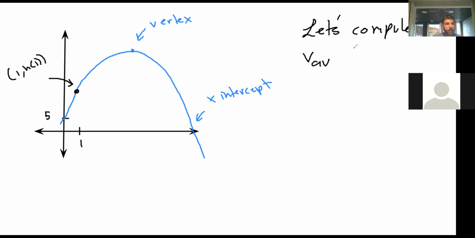let's compute average velocity for some time intervals. So let's think about it.